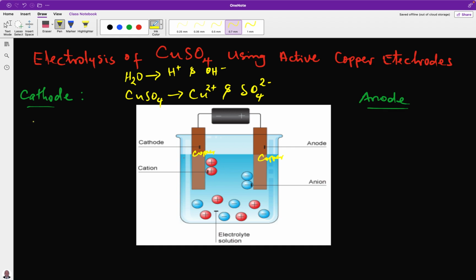From this solution, there's copper 2, so the copper 2 will go to the cathode.